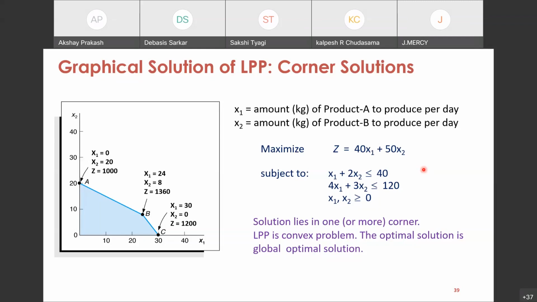So the simplex method is a smart algebraic method which visits the minimum number of vertices to find the optimal solution. In each iteration it is moving from one vertex, one corner point, to another.